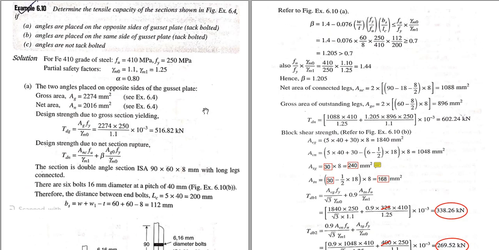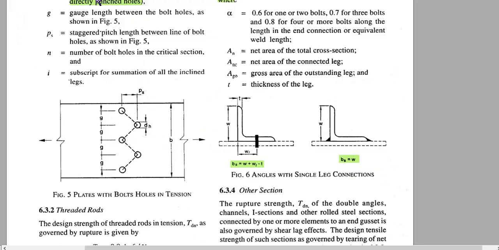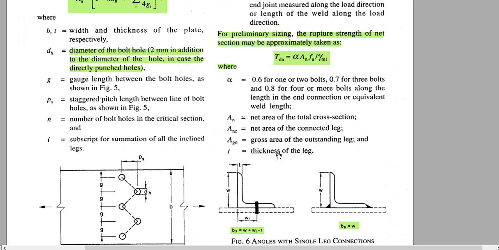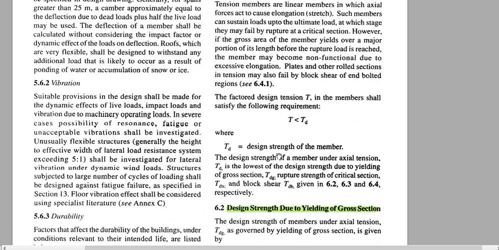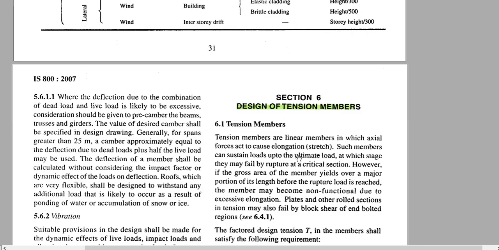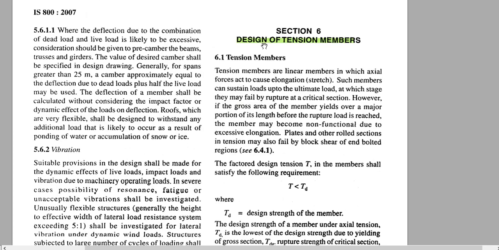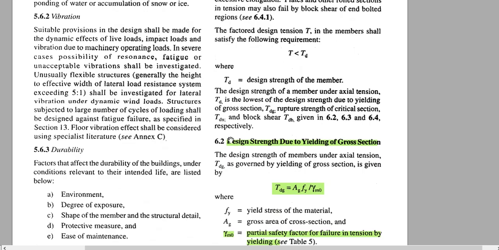Before we start the solution, let us go to the IS 800. So this is IS 800. Here in section 6, that means on page number 32, we should go through this part. Here tension capacity means tension strength: tensile strength due to yielding of gross section.